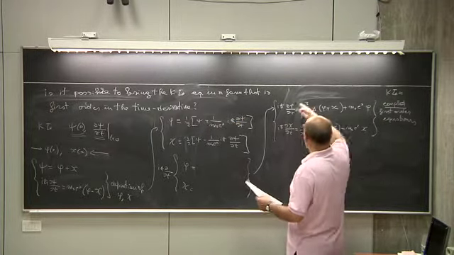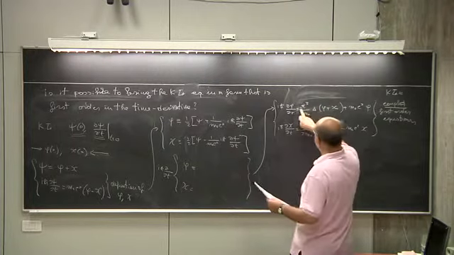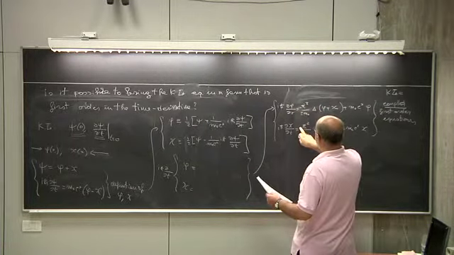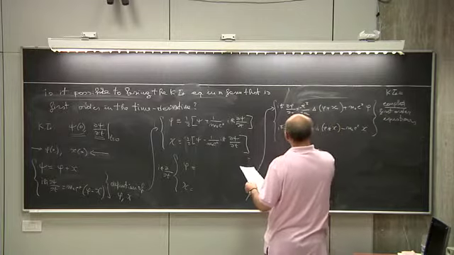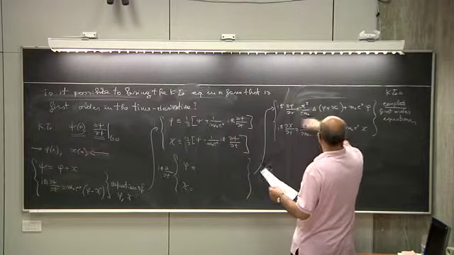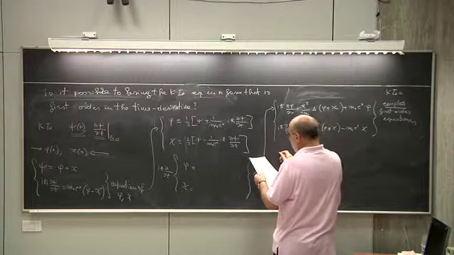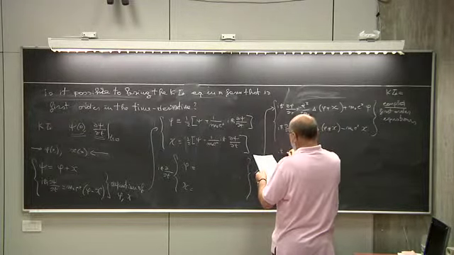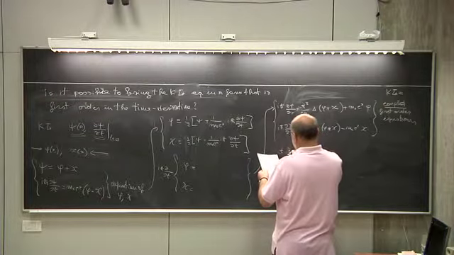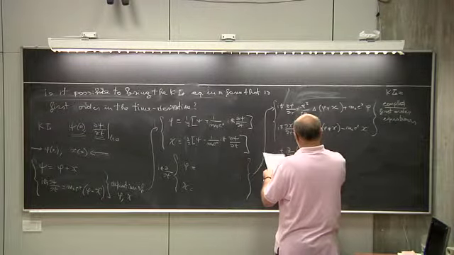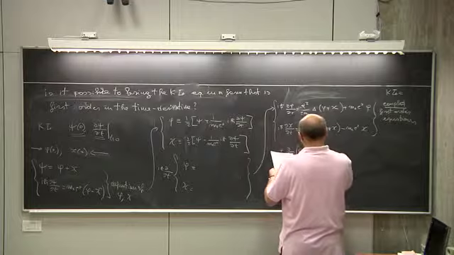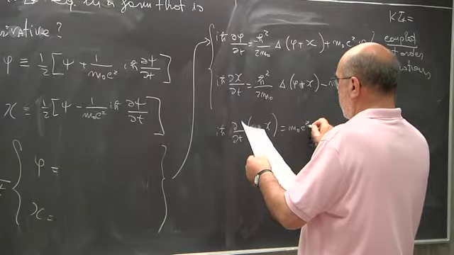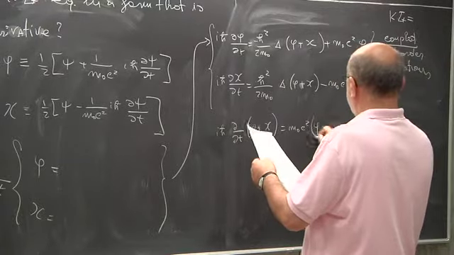For example, let's add these two equations. If we add, here there is a plus, there is a minus, and here there is a minus, here there is a plus, these two pieces go away, and we get the following. I h bar d/dt of phi plus chi equals m0 c square times phi minus chi.